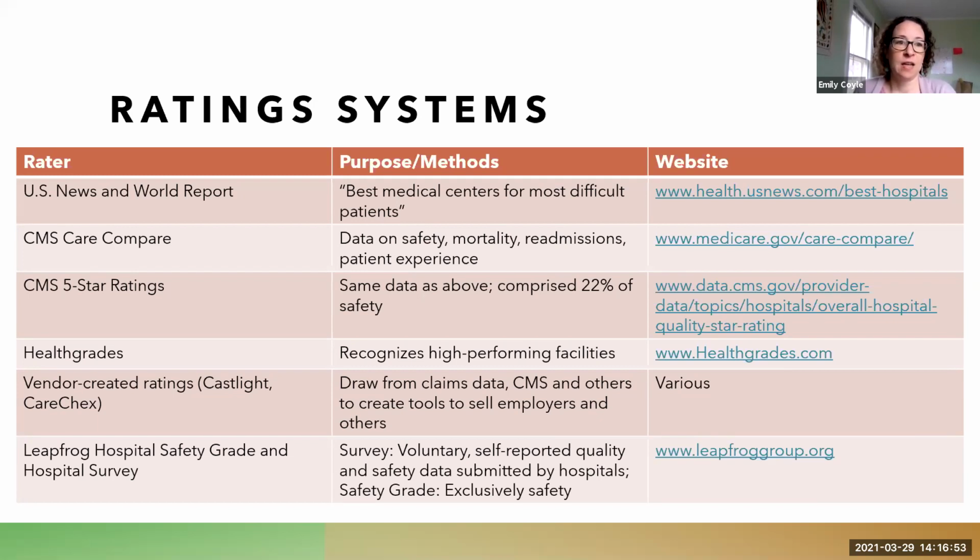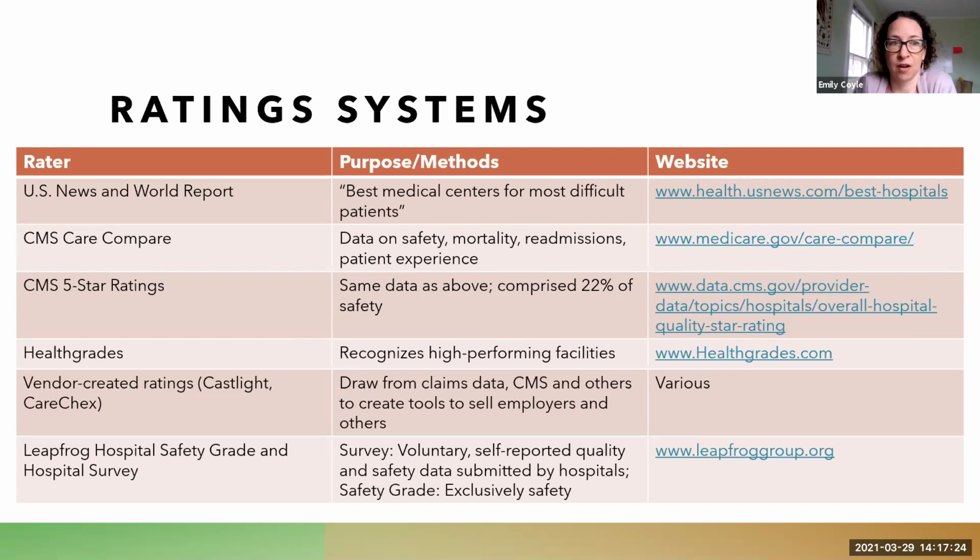And then finally, my personal favorite is the Leapfrog Hospital Safety Grade and the Hospital Survey. The Leapfrog Hospital Safety Grade is a rating system that grades hospitals based on data collected from the Centers for Medicare and Medicaid, the hospital survey that's also conducted by Leapfrog if it's available, and the American Hospital Association.